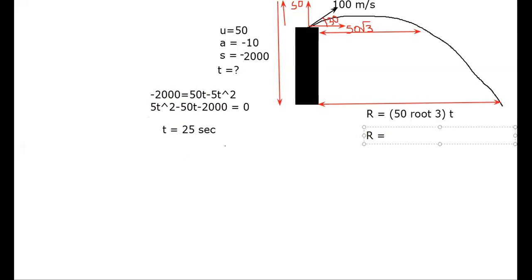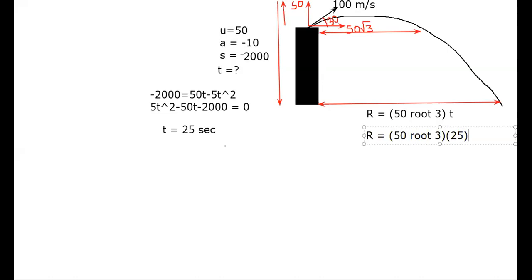Yeah, after coming in root, Tanmay. So it will be 50 root 3 times 25. So your answer will be something around 50 root 3 into 25.